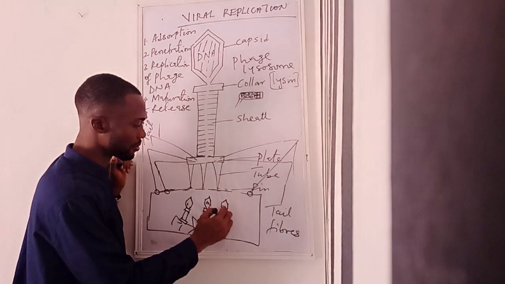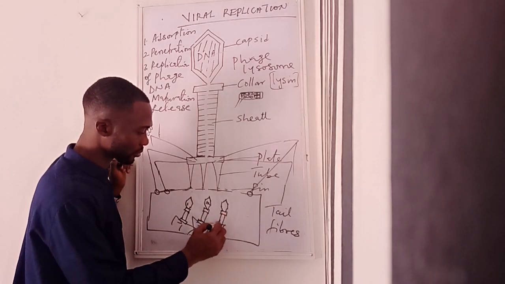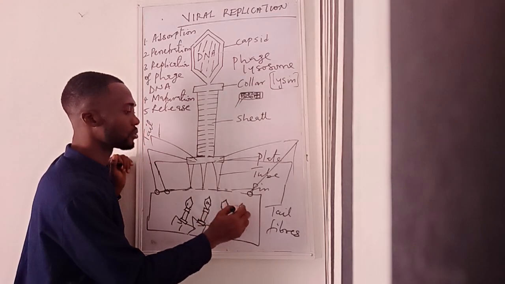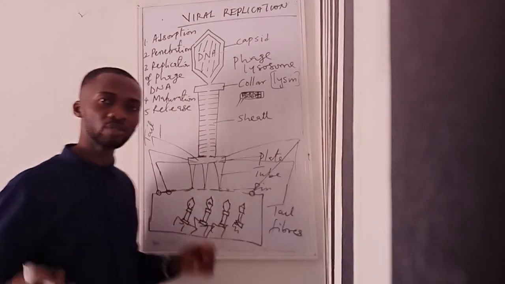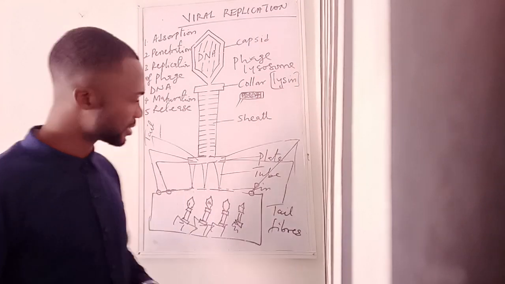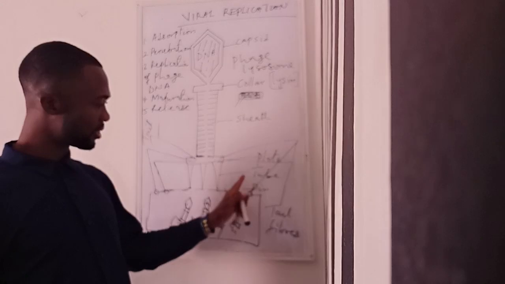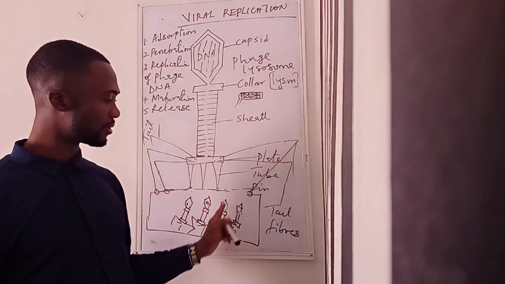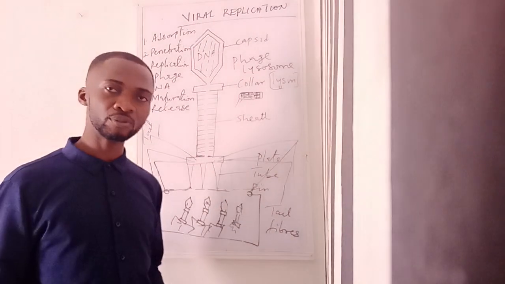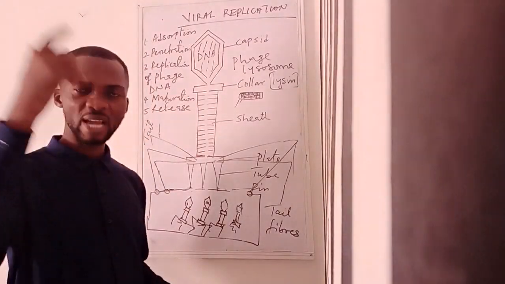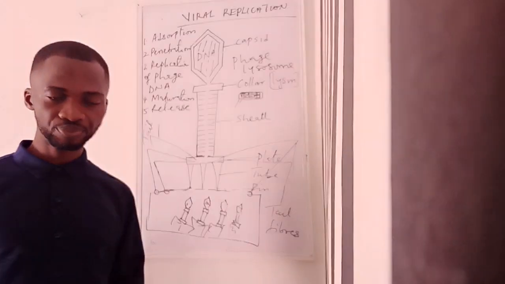So at this release stage, once the enzyme is released again, it will lyse the cell wall of the bacteria in such a way that these viruses now begin to bud off. That means they leave the bacterium to infect another bacterium, and that is how the cycle continues.